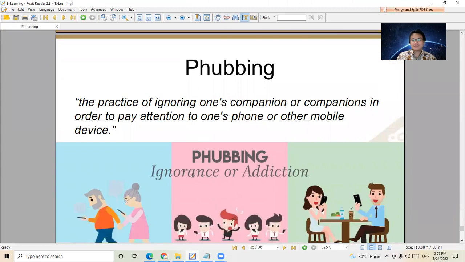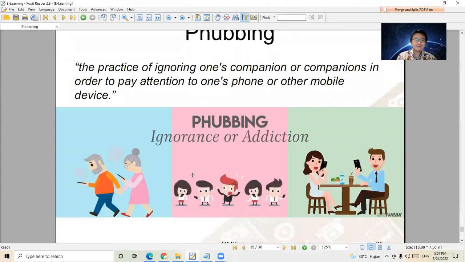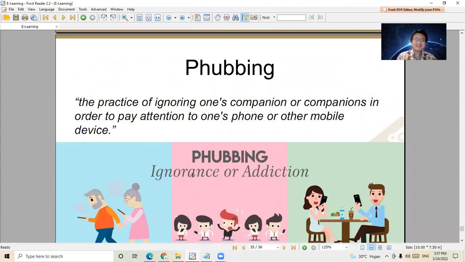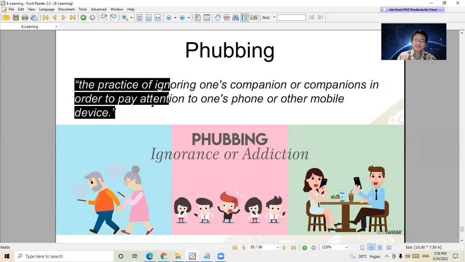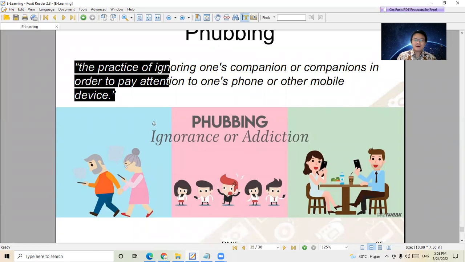And social issues. One of the problems in using smartphones is the phenomenon that we call phubbing. Phubbing is the practice of ignoring one's companion or companions in order to pay attention to one's phone or other mobile device. For example, when we are at a party, or at dinner or lunch together, everyone is busy with their phones.